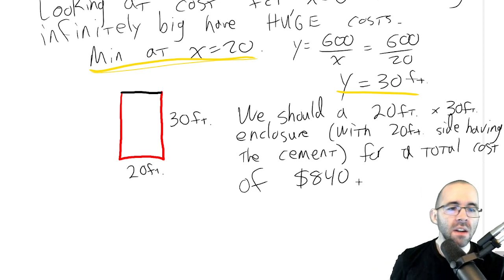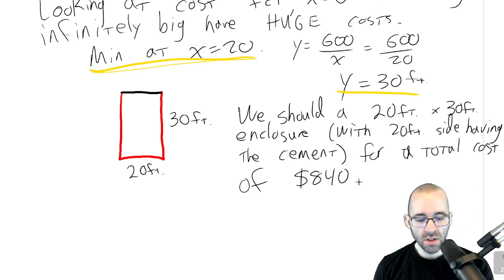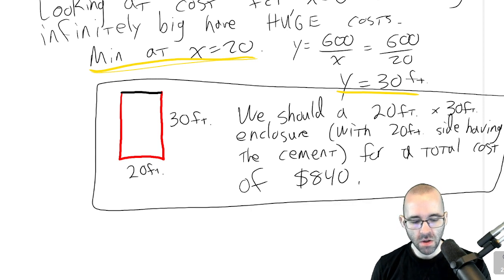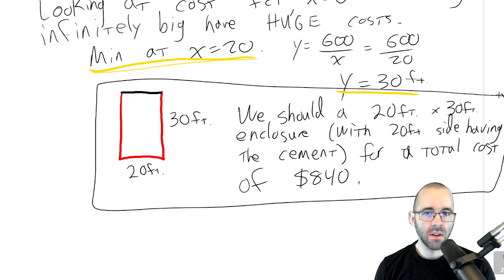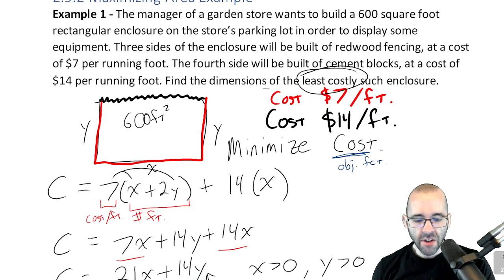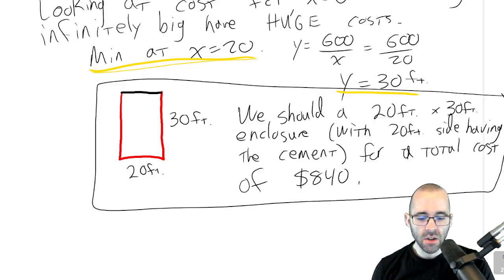Whenever you're doing this question, and when I box my answer, I'm actually going to include the picture. Whenever you answer these applied optimization questions, your answer should make sense for somebody who's not in calculus. Your answer should make sense for somebody who knows nothing about calculus. Okay? The question is, find the dimensions of the least costly enclosure.